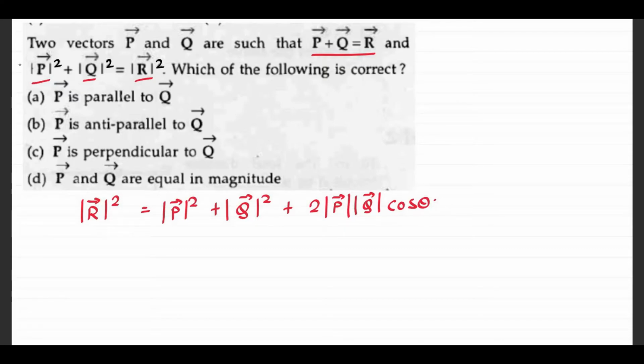That is only possible if this term is 0. This is not 0, this is not 0. So this has to be 0. So can I say if this has to be 0, theta will be 90 degrees. So the two vectors P and Q should be perpendicular to one another, right? Therefore our option should be C. Fine?